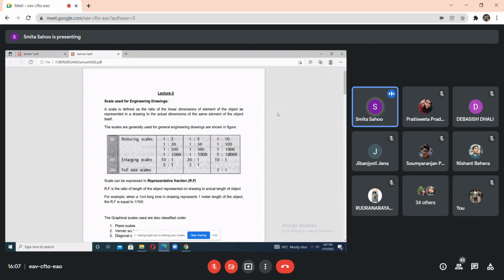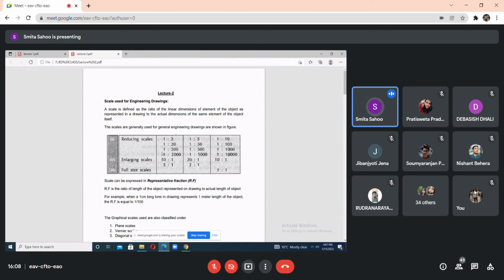So if it is too small we are going to enlarge it, and if it's too big, then we are going to reduce the size and show it on the paper. So it is the ratio of the linear dimension of the element of the object to the actual dimension.